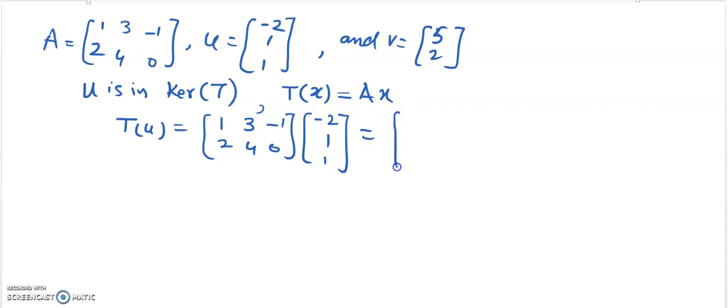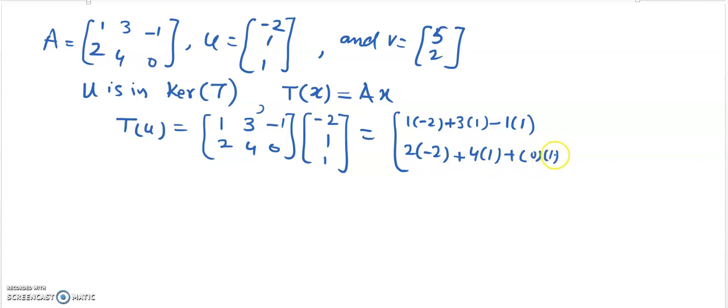So the first row is 1 into minus 2 plus 3 into 1 and minus 1 into 1, and then the second row is 2 into minus 2 plus 4 into 1 plus 0 into 1.